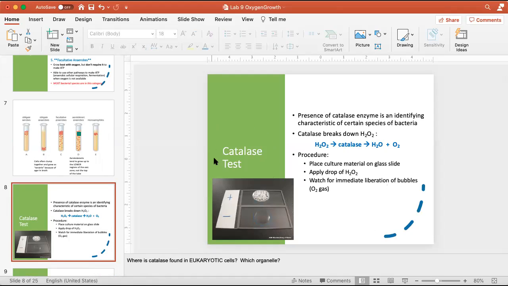And again, whether or not a microbe has this enzyme is a characteristic for that microbe. It helps us identify them. So this is a test that we do frequently in the laboratory. To do a catalase test, all you need is a glass slide, a bottle of hydrogen peroxide, and something like a swab to mix it up with.